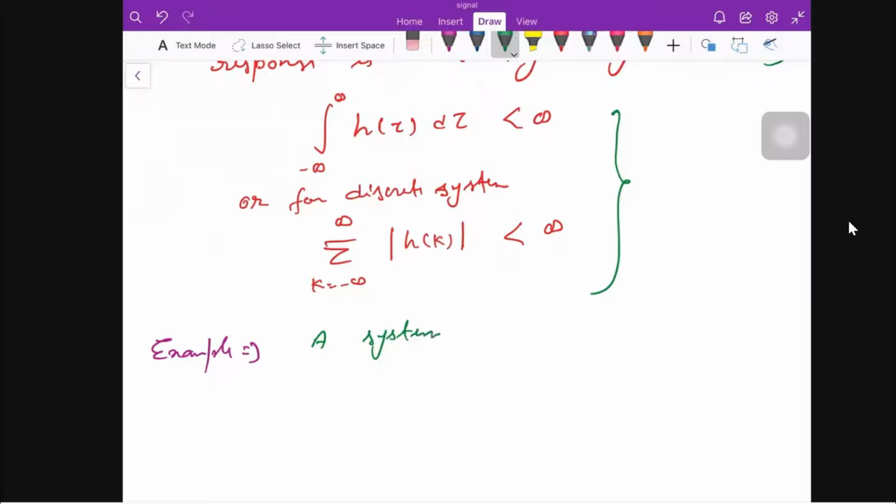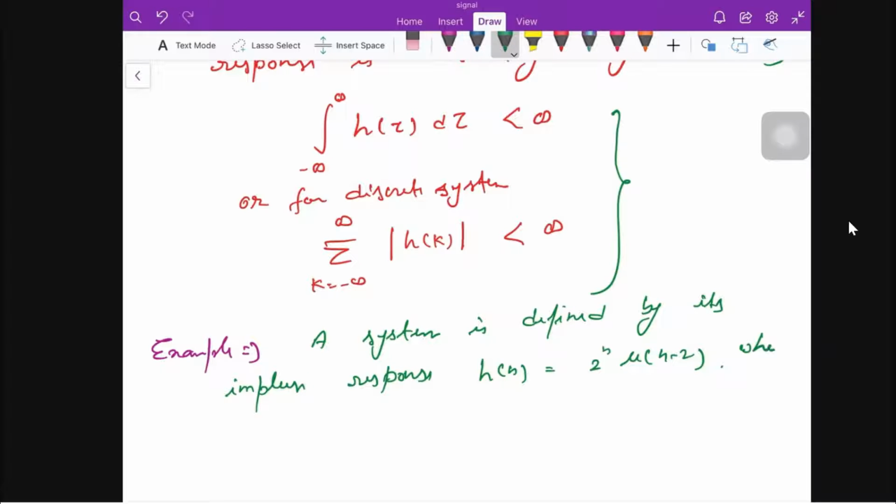The system is defined by its impulse response, and that is h[n] equal to 2 to the power n times u[n minus 2].